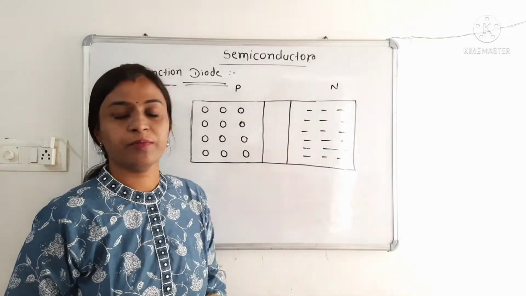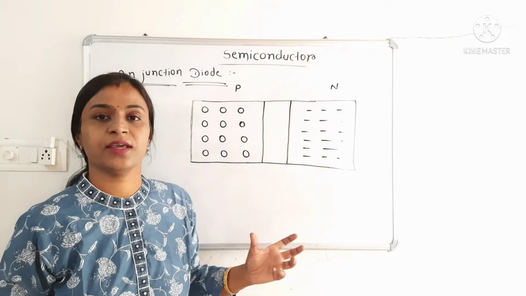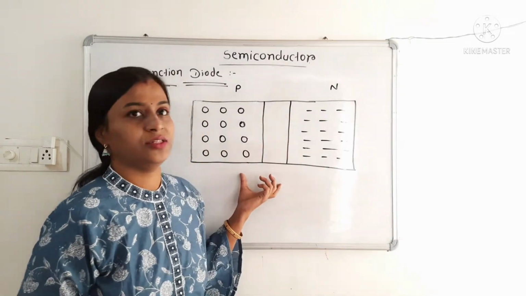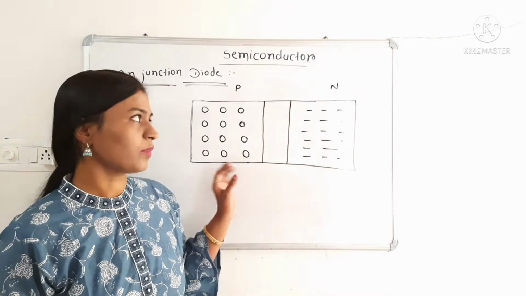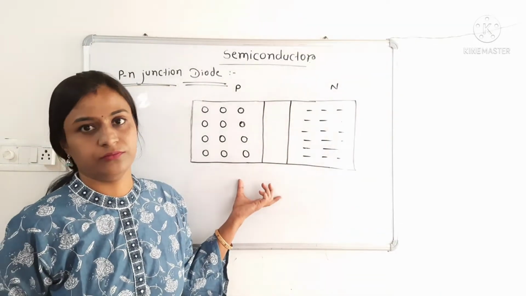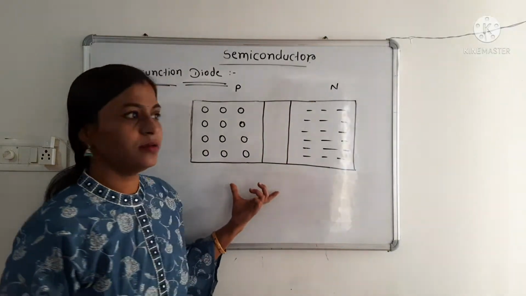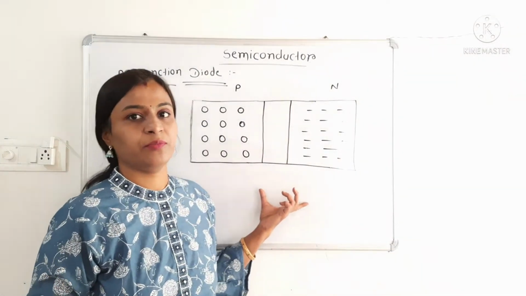See, what happens when p-type and n-type semiconductor are joined, and what happens at the junction? In types of semiconductor we saw the major difference between p and n type semiconductor.